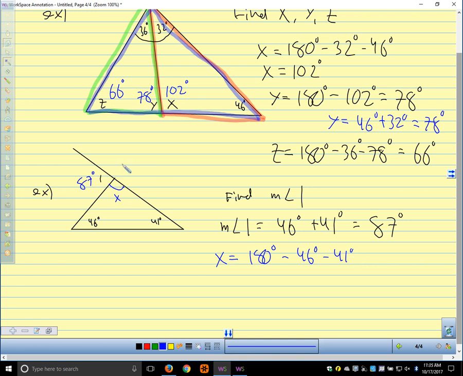And then these two are a linear pair. And I would get the same answer. So we could find the angle inside the triangle first, and then subtract that angle from 180 degrees to get that.